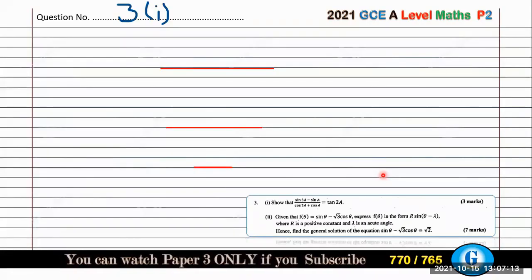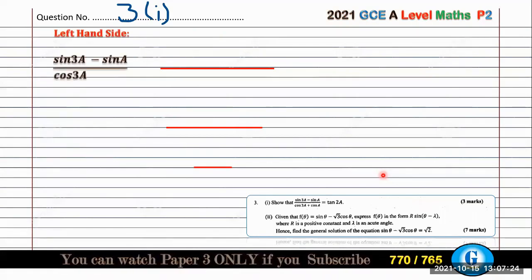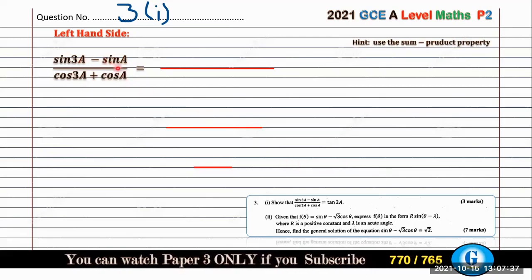So with this question, this is what we are going to have. We know that we have to work with the left-hand side and show that it is equal to the right-hand side. So we have sine 3a minus sine a over cos 3a plus cos a. This will be equal to, now this is the hint, we will have to move from sum to product property for numerator and for denominator.